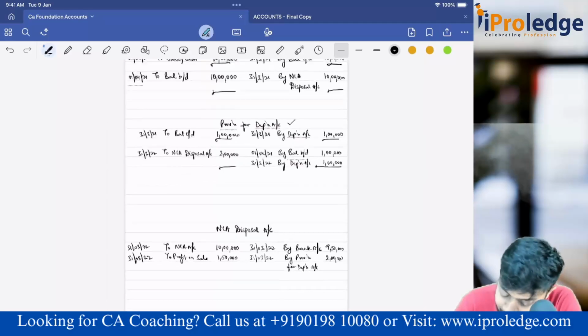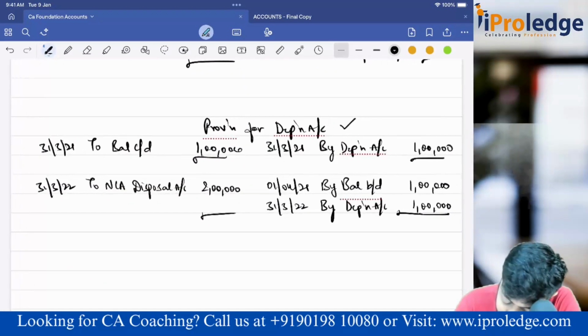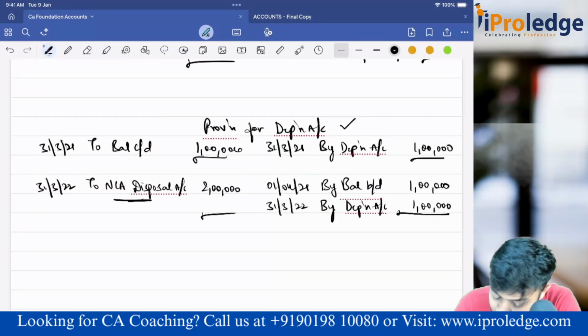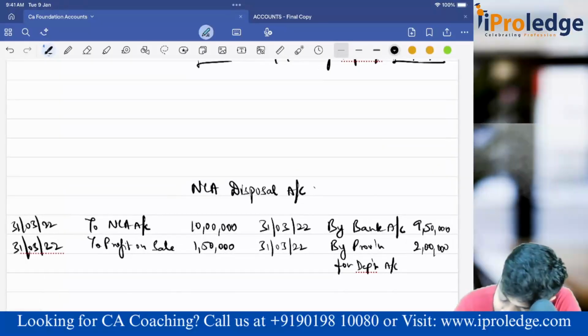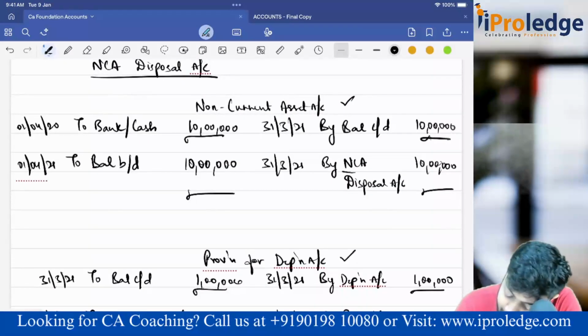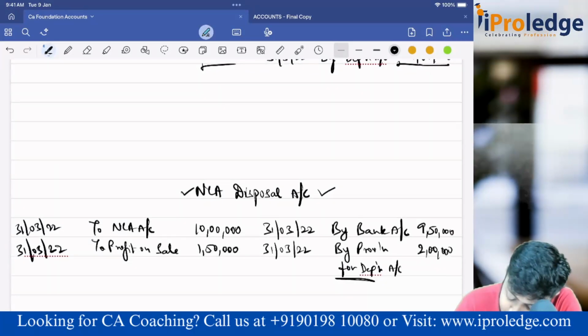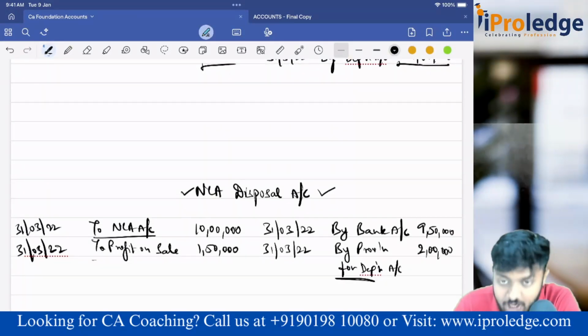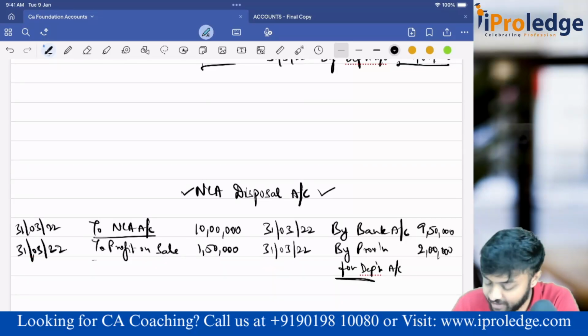Here in provision for depreciation, the transfer has happened in debit side. Here in NCA disposal account, it happens on the opposite side, credit. If you see here also, the NCA disposal has happened in credit side of NCA account. That means here it will come in debit side of NCA disposal account. So it is the opposite, that you know better.